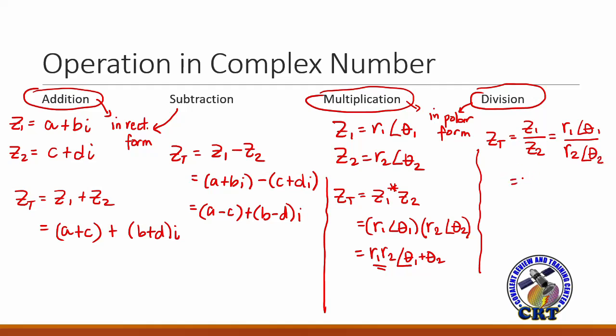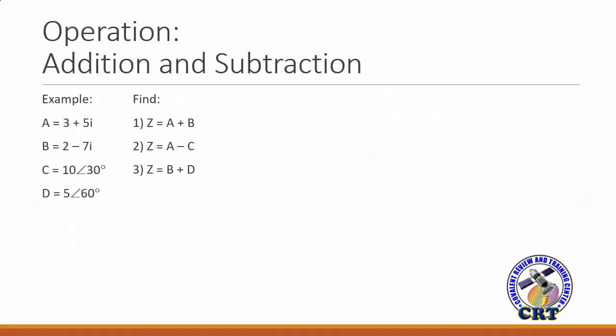So the operation is you have to divide R1 by R2, and for the angle, the numerator angle minus the denominator angle. So theta 1 minus theta 2. This is the operation of complex numbers under division. Okay? So let us have some examples.